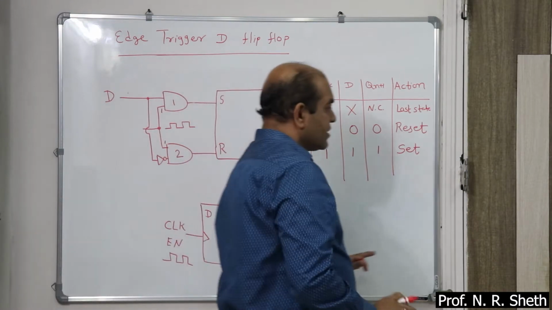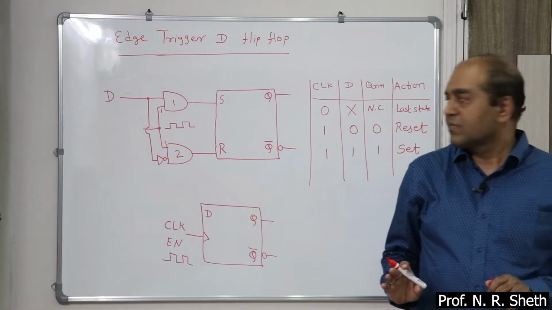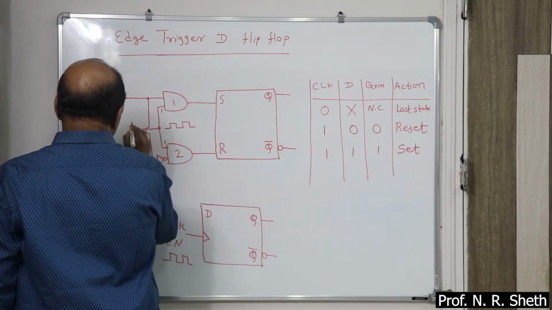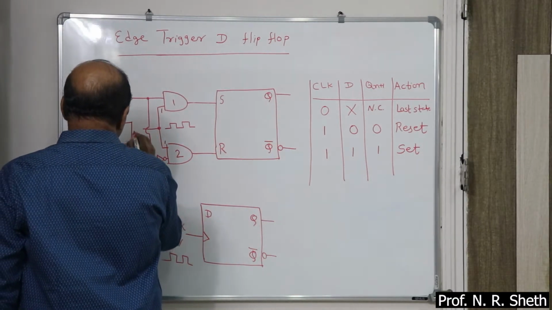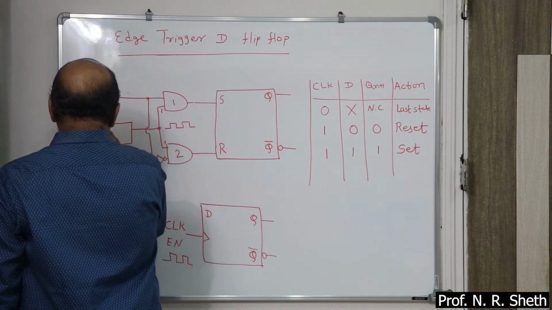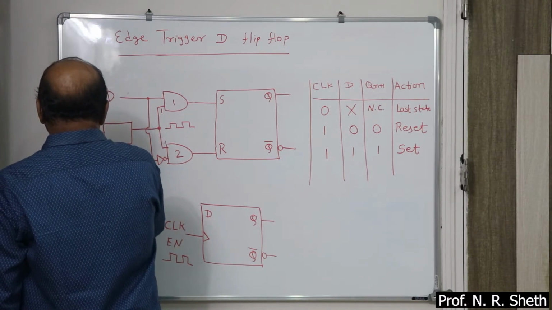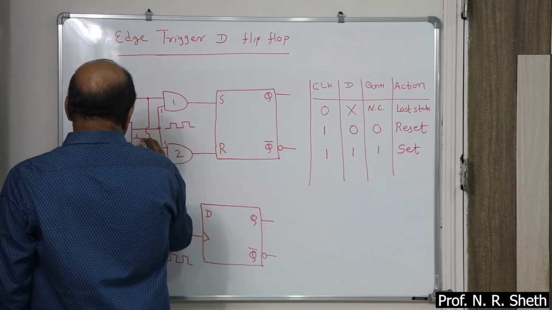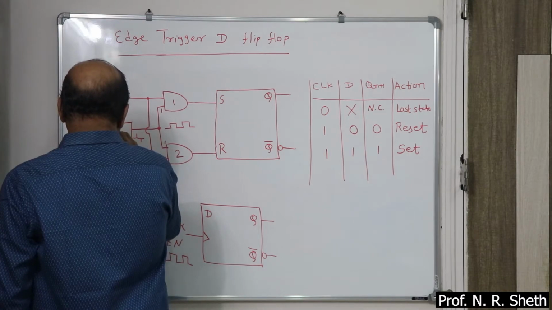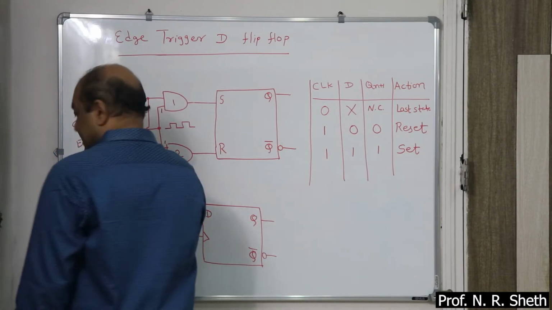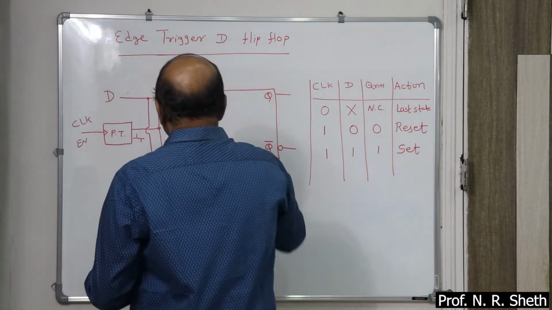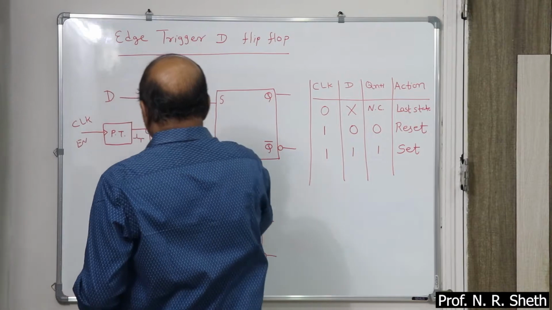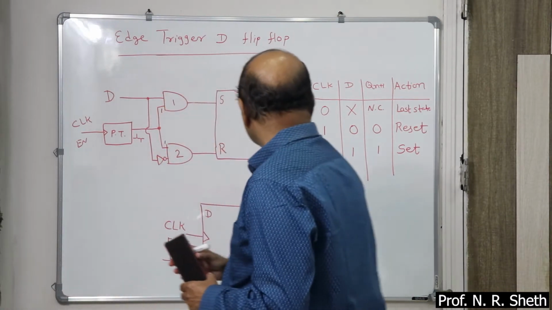This part of the circuit remains exactly the same, but here clock or enable signal, positive triggered, PT means positive triggered. So now you have a spike.